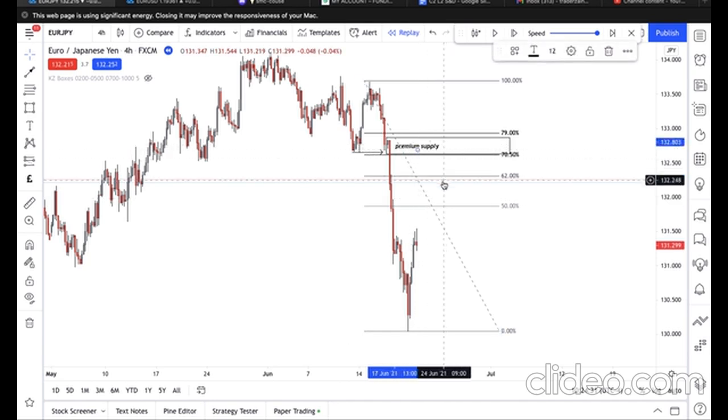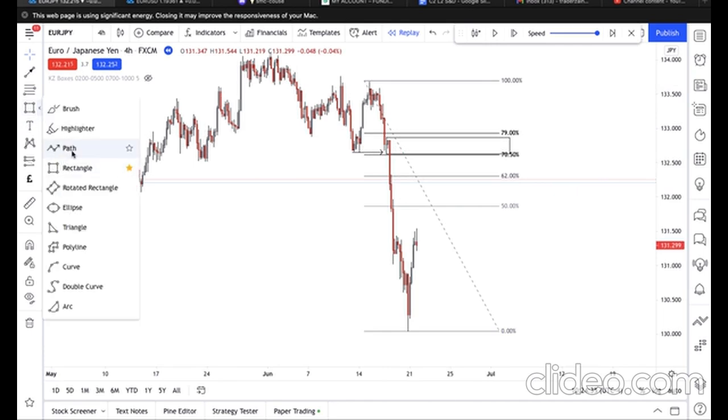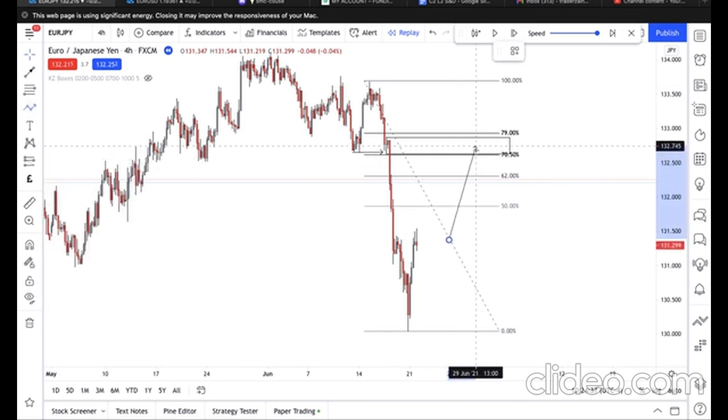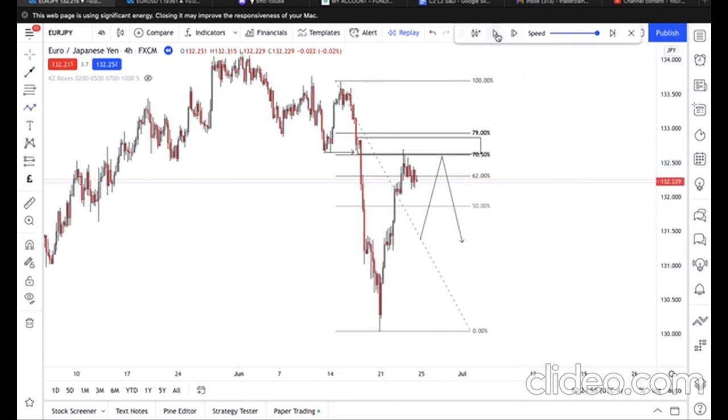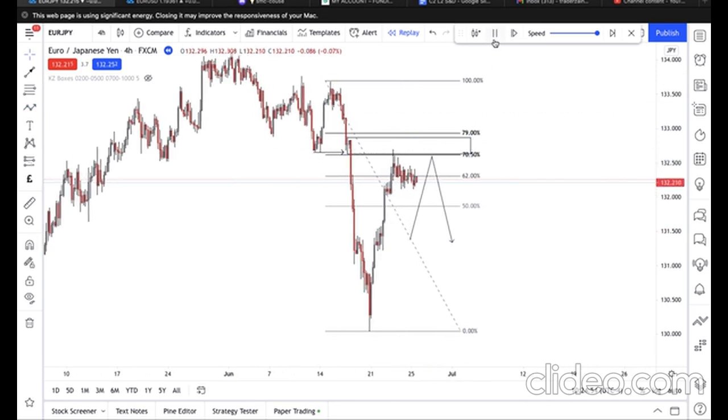So now what would we do? We simply wait for price to pull back into this premium area, which aligns perfectly with this 4-hour supply, and then would look to sell it off. Now as we can see, as price approaches, there we go. We would have sold off here, and this is current price right now.